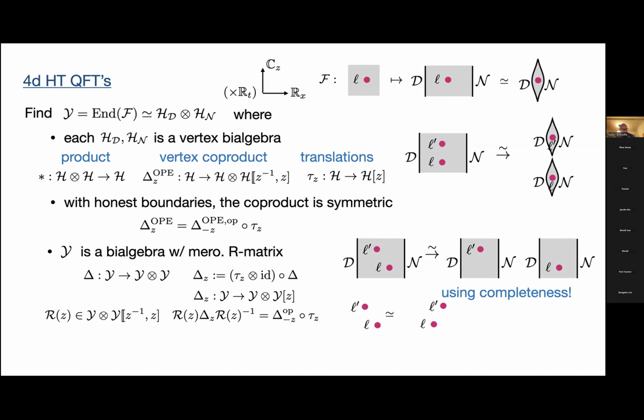The expectation from this second coproduct is not that it's symmetric, but there does have to be an equivalence of some kind, because before I apply the fiber functor, before I start splitting things up, line operators L and L prime separated holomorphically and topologically should be equivalent if I swap the topological separation, just because that is a topological direction.